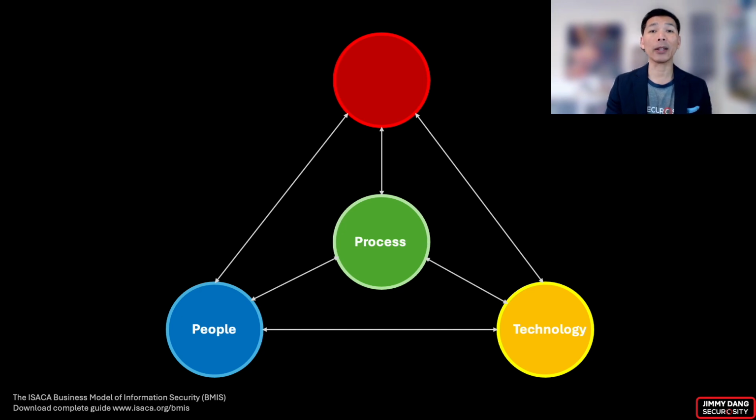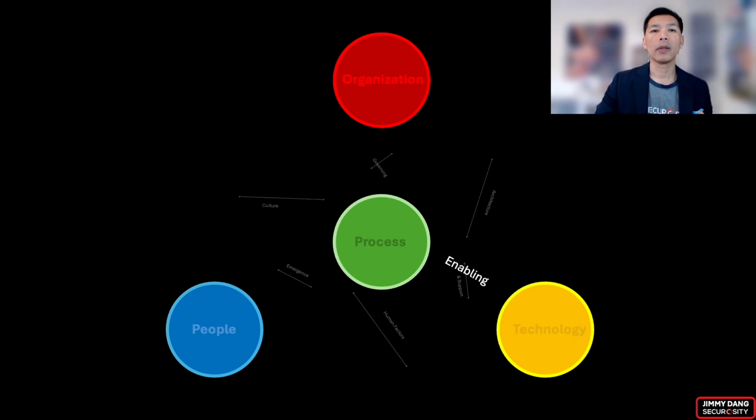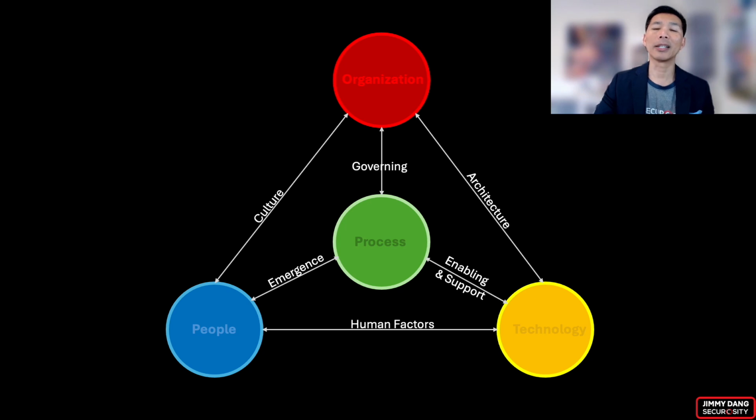This model added a fourth element, which is the organization. Additionally, these four elements, the people, organization, process, and technology, are connected by what we call the six dynamic interconnections.